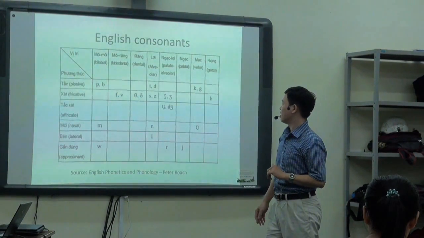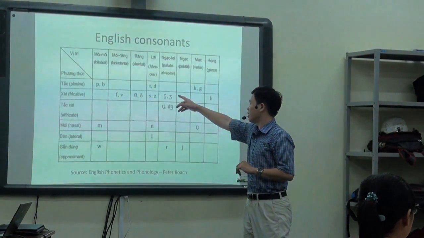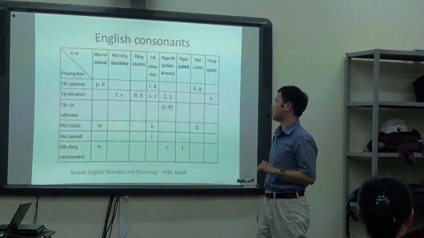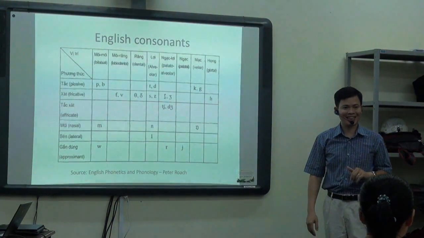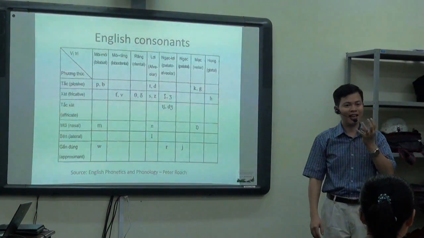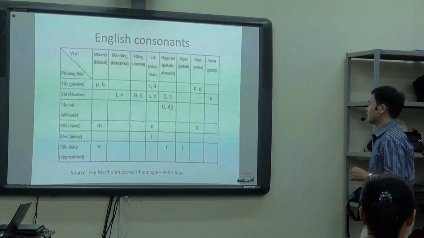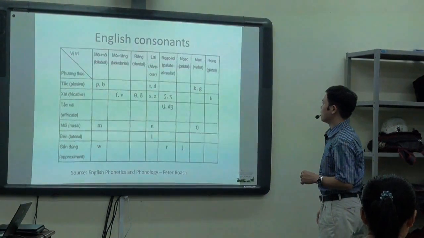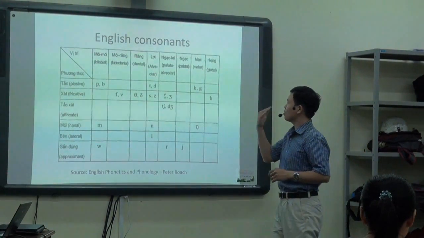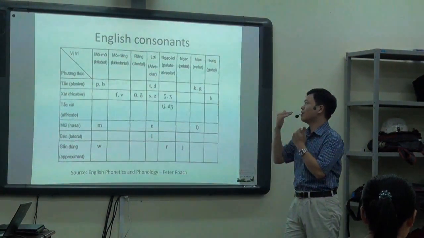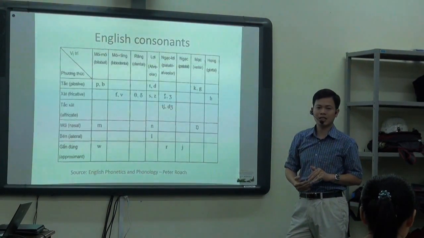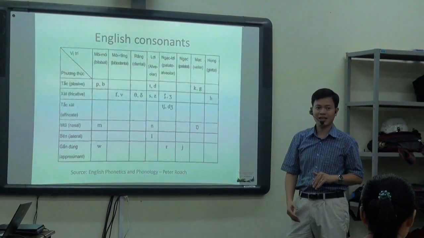right? It can be alveolar ridge, da, the tongue touching the alveolar ridge, da, za, right? Or it can be a little bit closer to the palatal alveolar ridge, like da.